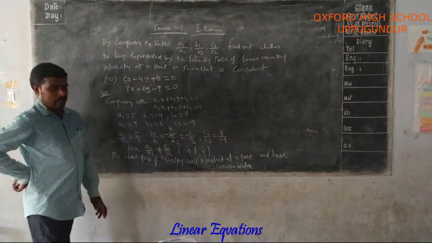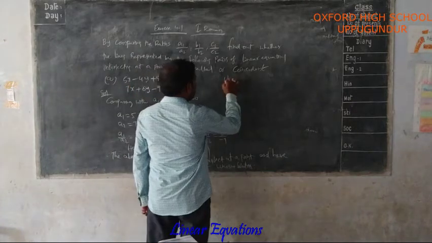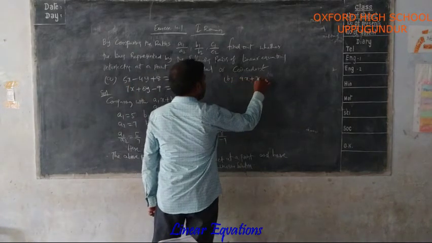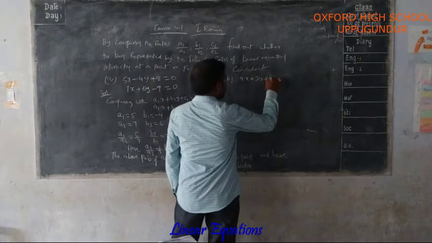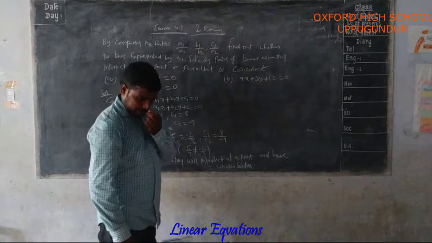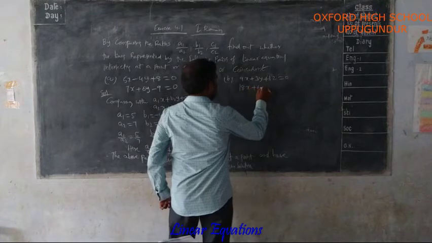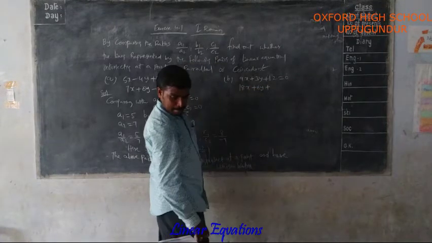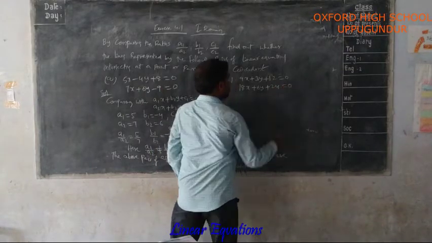So I'll tell you the second one also, the third one you can do. Second one, B: 9x plus 3y plus 12 equal to 0, 18x plus 6y plus 24 equal to 0.